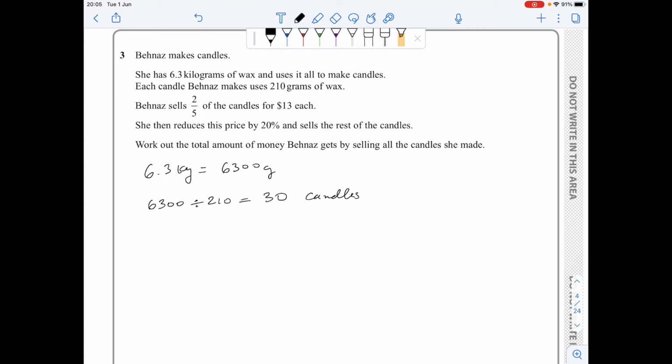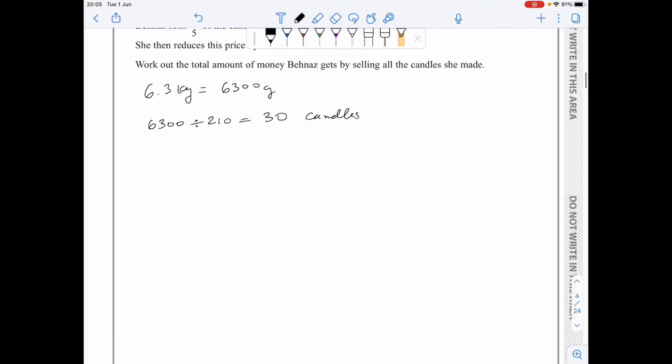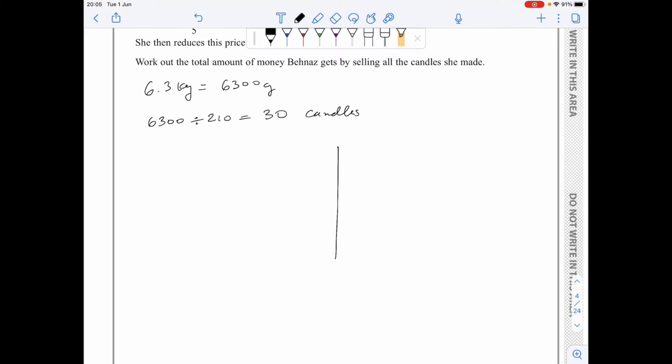Some of them are sold for 13 and some of them at a reduced price. So let's split my page into two. 30 times 2 over 5 will give me 12 candles, and these 12 candles are sold at 13 each, and this will give me 156.